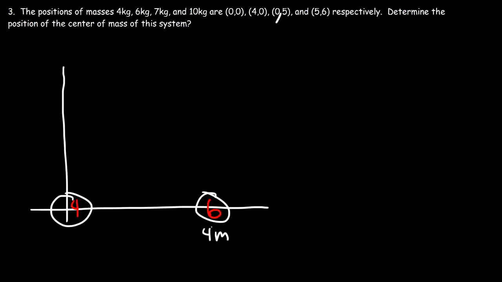And then there's another one at (0, 5). So that's the 7 kilogram mass. And then we have another one that's located at (5, 6), which should be somewhere in this region. So that's the 10 kilogram mass.